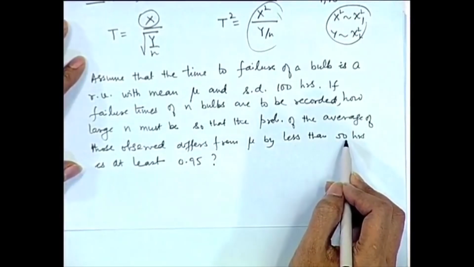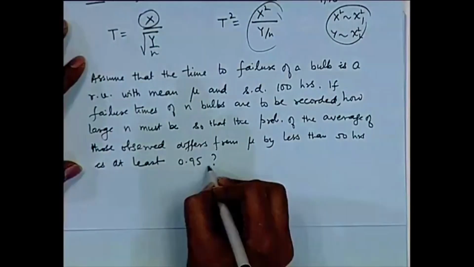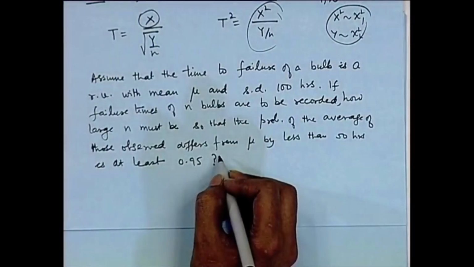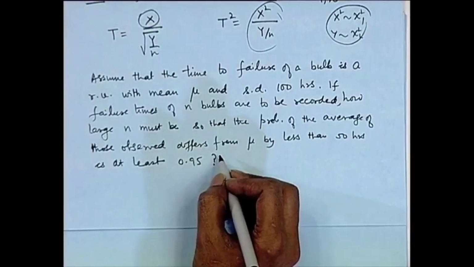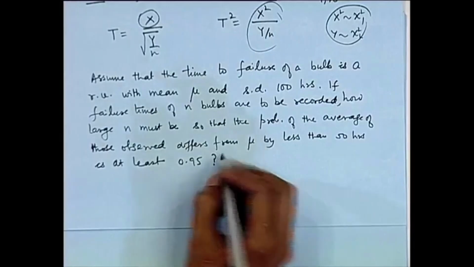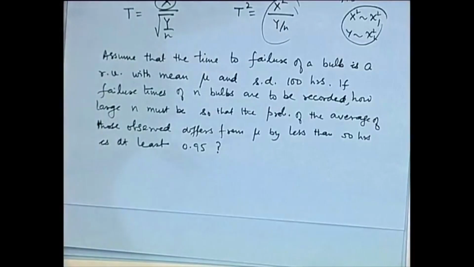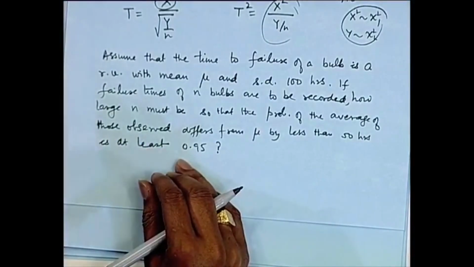differ by less than 50, and this probability should be at least 0.95. So, we can make use of the central limit theorem here, because the only information about the distribution that we have is that it is a particular distribution with certain mean and certain variance. So, the conditions for application of the central limit theorem are valid here.